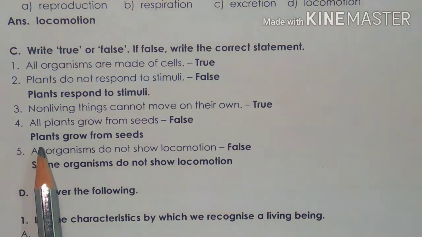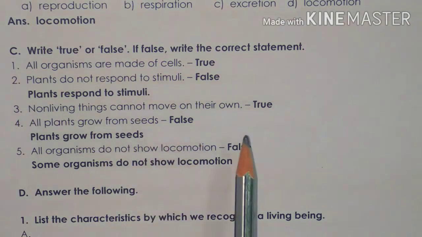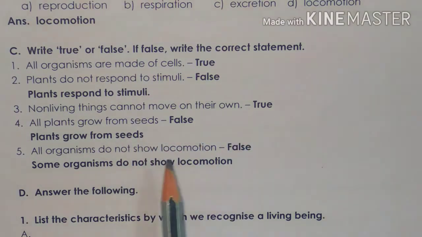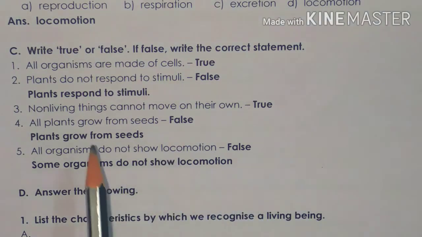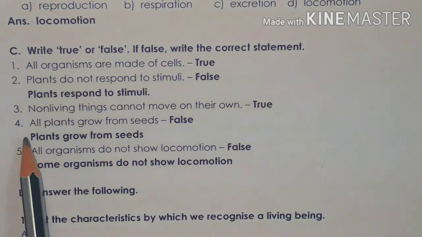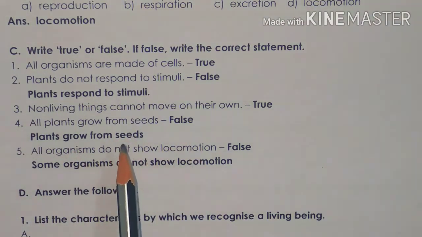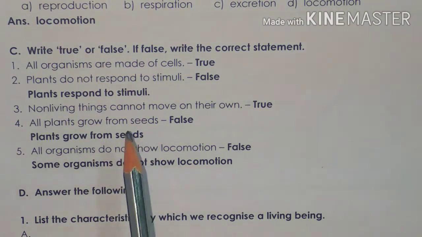Fourth one, all plants grow from seeds. This is false because plants grow through various modes. In some cases, we cut the stem of a plant and we plant it and a new plant arises from it. So we cannot say that all plants grow from seeds. Some plants can be grown without seeds also.